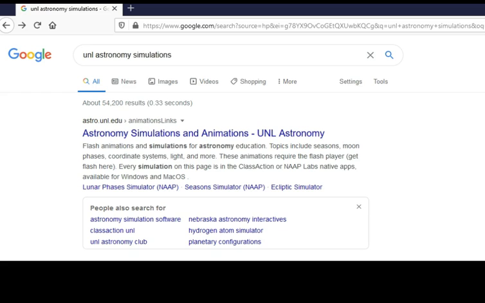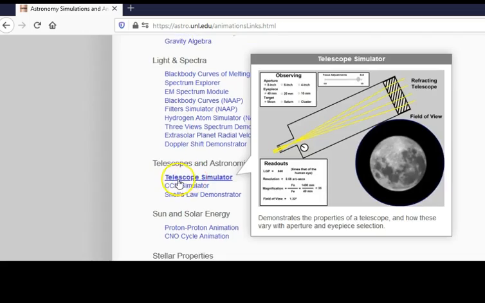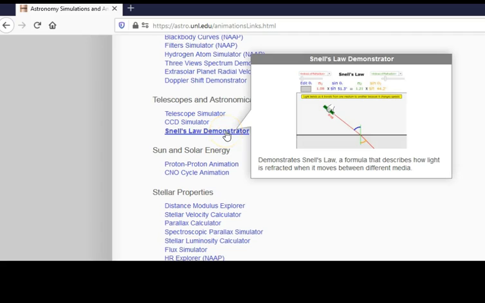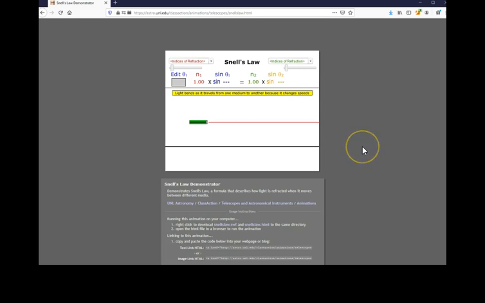To simulate Snell's law, we are going to borrow the simulation from the University of Nebraska-Lincoln astronomy website. Snell's law is written in mathematical form at the top.